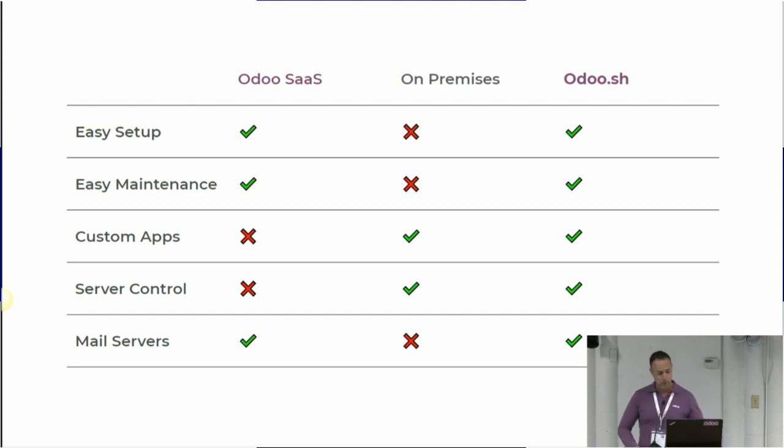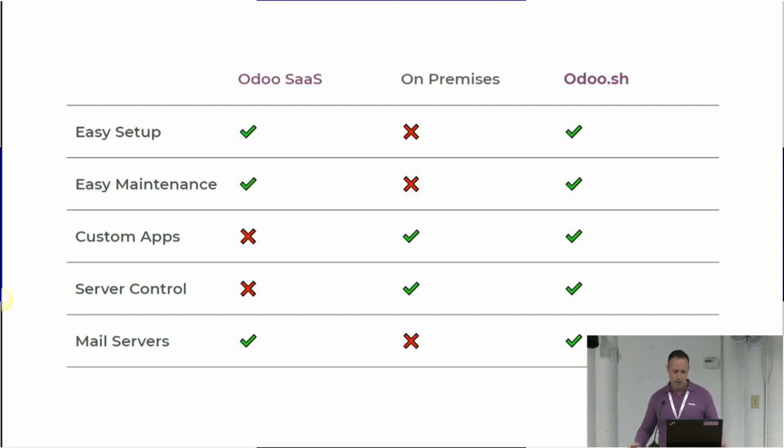However, as I had mentioned earlier, you can't install custom applications or create modules that extend, let's say, one of our applications to fit your business model. And the server control is literally out of your hands at this point because we are the owners of the infrastructure. The mail servers are built in within our SaaS environment, so you can send and receive emails directly from the SaaS and online platform.